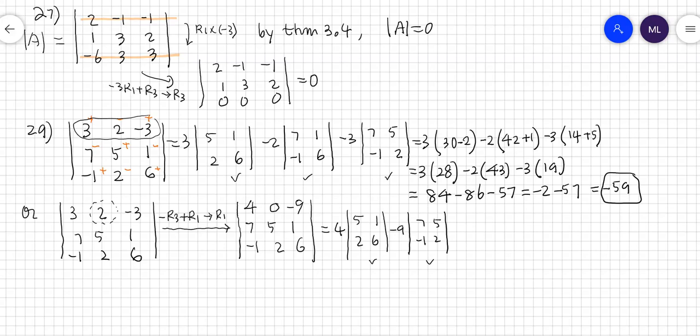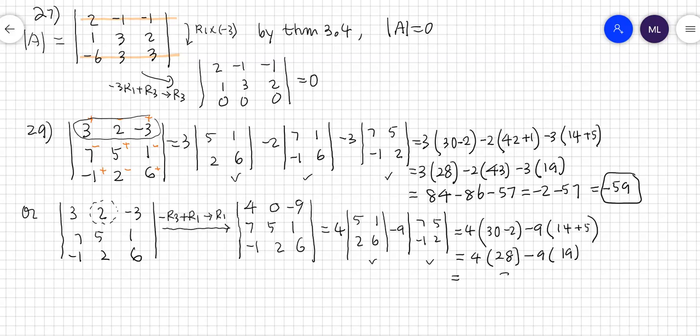So let's see if this is negative 59. So 4 times 30 minus 2, 9 times 14 plus 5. So it's going to be 4 times 28 minus 9 times 19.